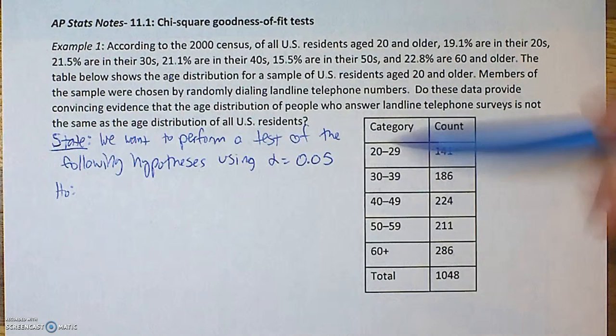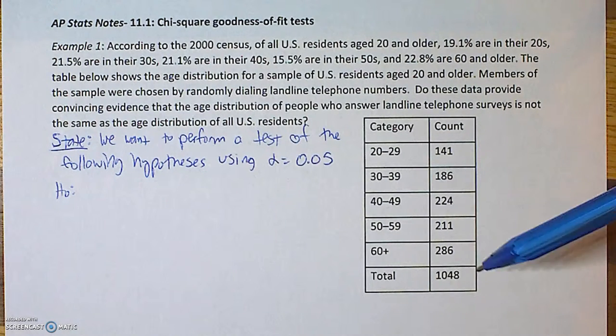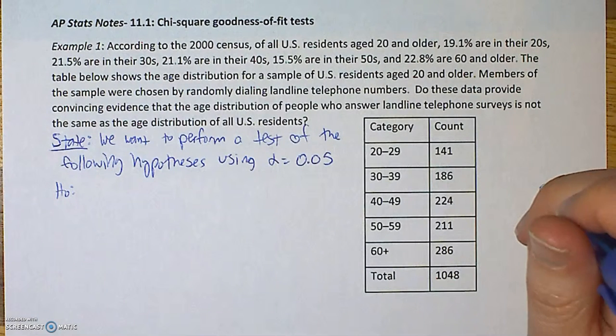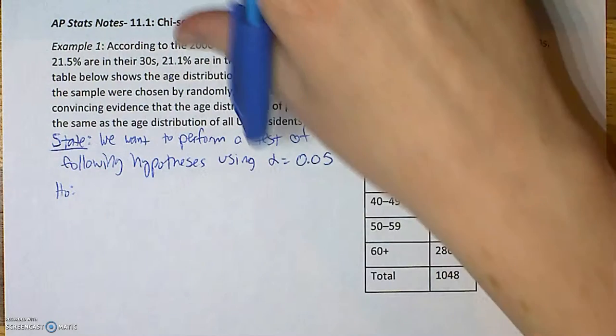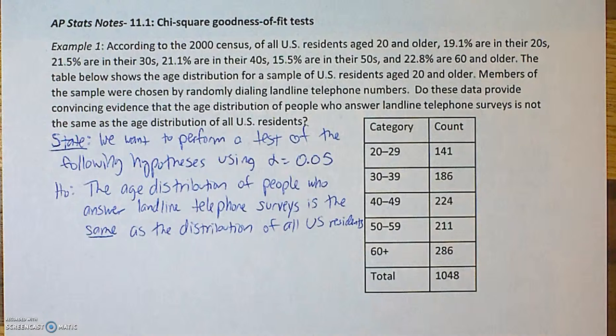So for writing our hypotheses, we're either going to say that it is what we expect it to be, or it's not the same as we expect it to be. So let's look at what that looks like for the null. Our null hypothesis says that the age distribution of people who answer landline telephone surveys is the same as the distribution of all U.S. residents.